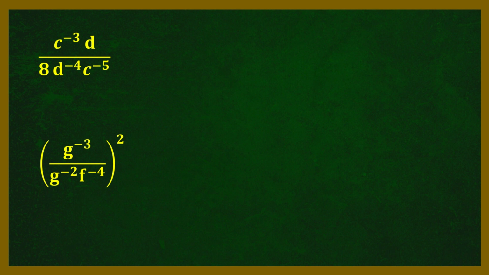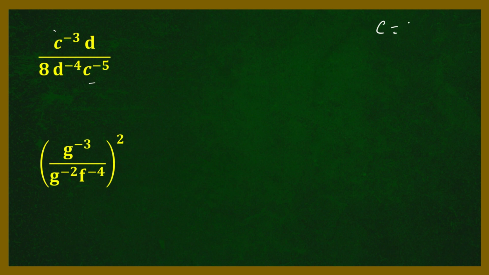And that states when you divide two numbers with the same base, you can subtract the exponent of the divisor from the exponent of the dividend. So in this problem, you see we have c to the negative 3rd power, and we have c to the negative 5th power. They're the same, so we're going to subtract the exponents.